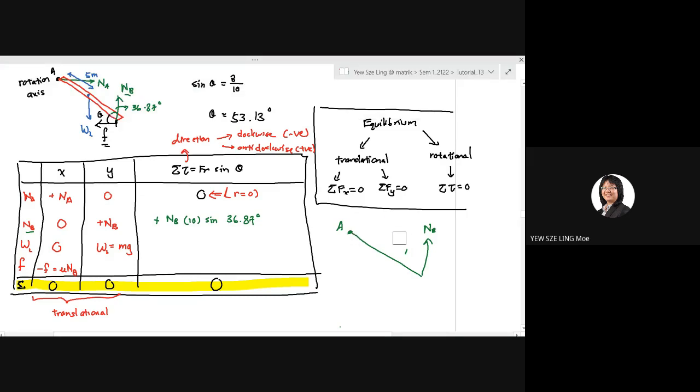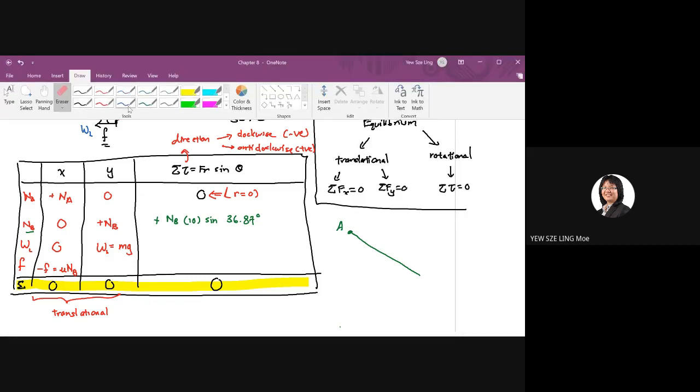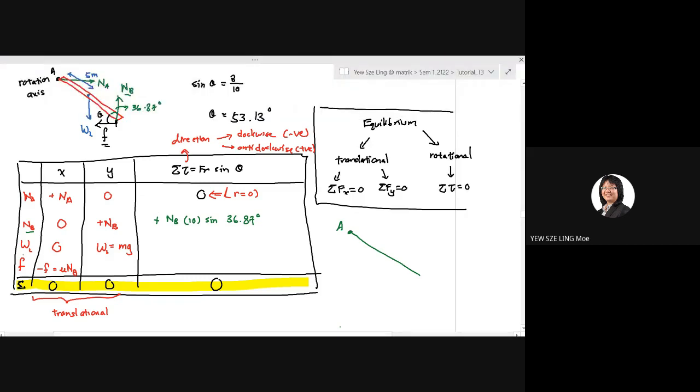Now let's see the next one. Again, you look at the force. The force is known as WL. And then the distance R is 5 meters. If you look at the diagram, the blue label, WL from point A is 5 meters.